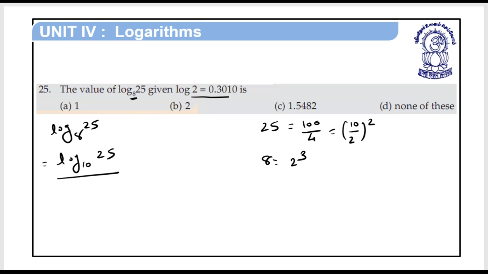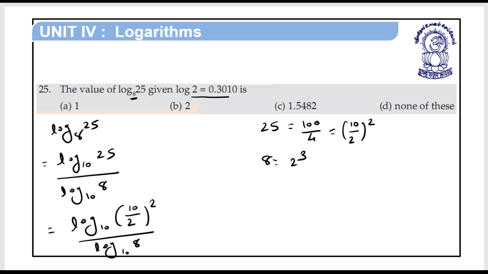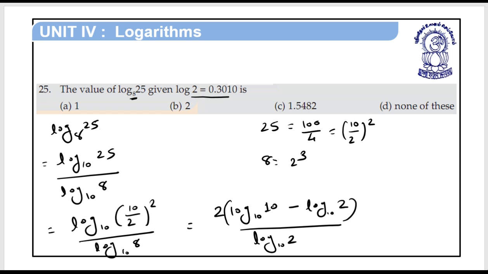Log 25 by log 8 to the base 10. So instead of 25 write 10 by 2 square, by log 8, that is 2 log 10 minus 2 log 2 to the base 10, and log 2 cube instead of 8.